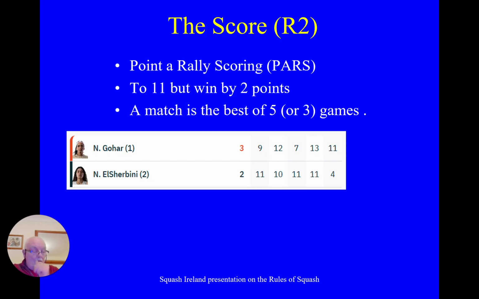And then when Gohar won the rally, you would say 11-4 match to Gohar, 3-2. And then you would proceed to call out the winning player's game score first. So to repeat, it would be match to Gohar, 3-2, 9-11, 12-10, 7-11, 13-11, 11-4.